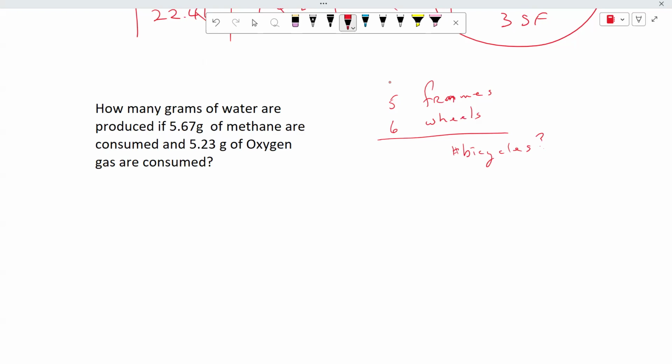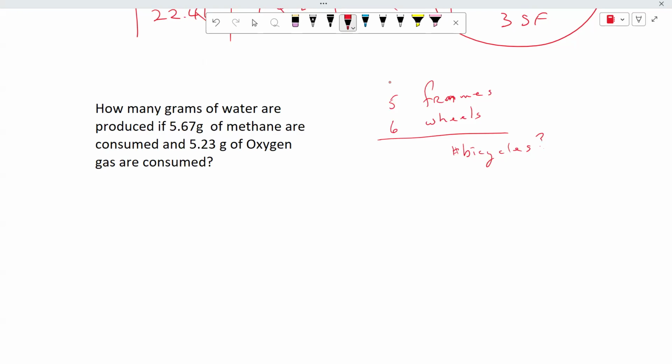Well, if we had 5 frames, how many wheels do we need? 10, 2 each. If I have 6 wheels, how many bicycles can I make? 3. So which is more, 3 or 5? One frame per bike. So if we ignored the wheels, we can make 5 bicycles, right? If we ignored the frames, we can make 3 bicycles.